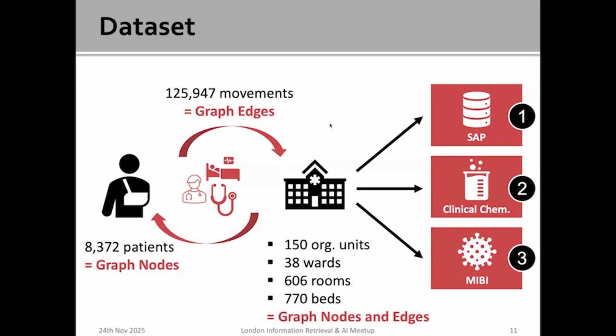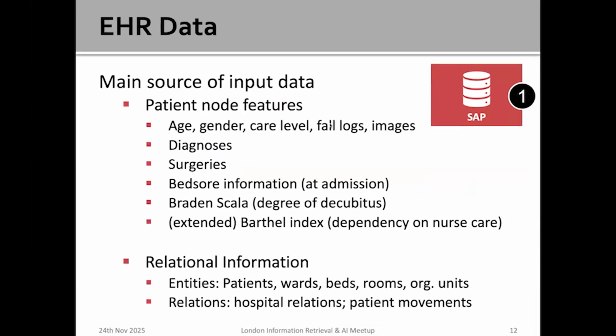The things you see on the right are the data sources that you can use for that. And also very important for the training are the labels, and we get these labels from the microbiological result database of the hospital.